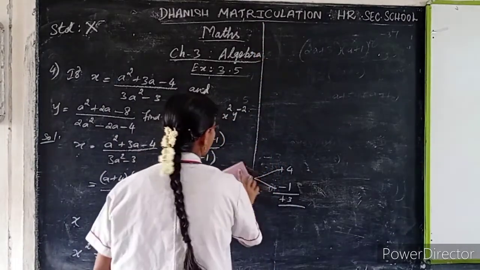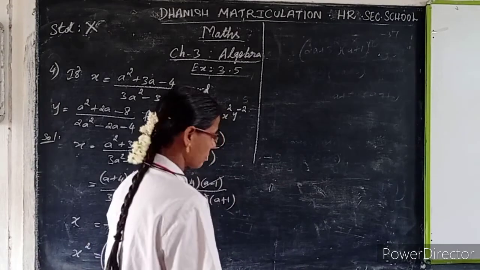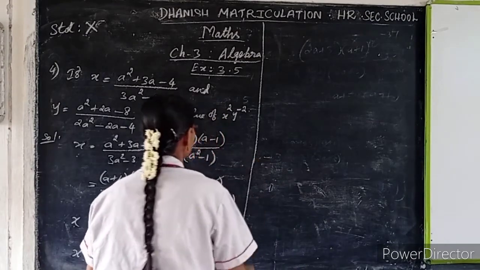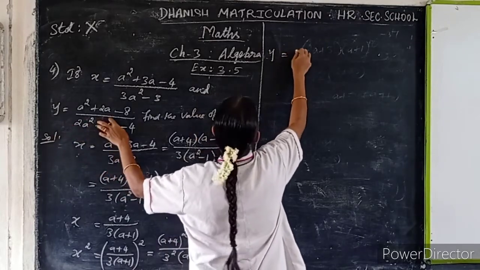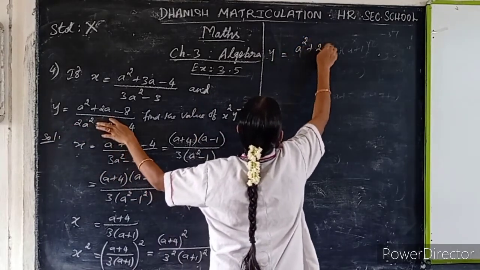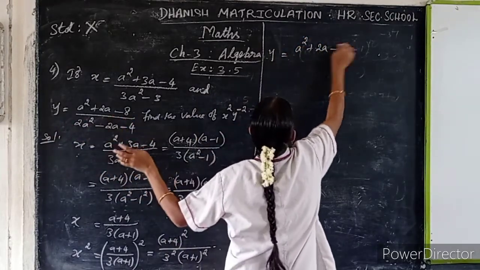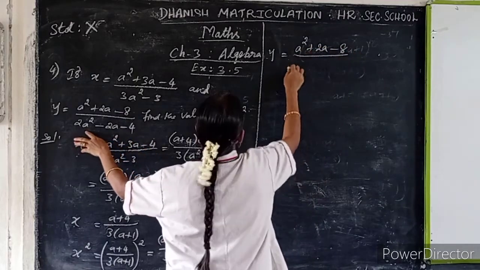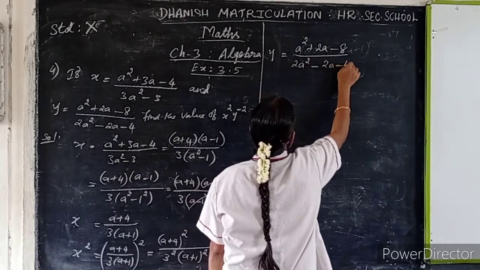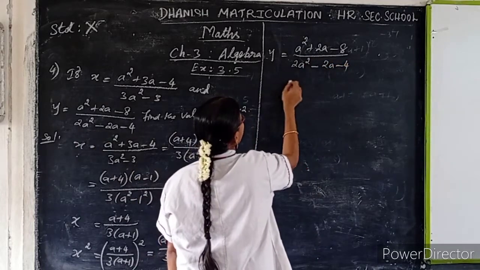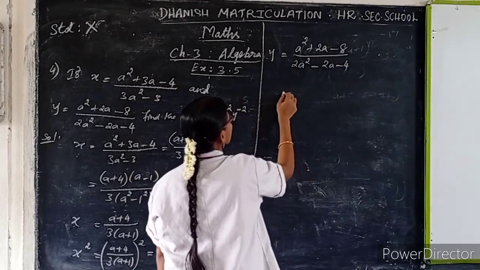Now simplify y. y is (a² + 2a - 8) divided by (2a² - 2a - 4). In the denominator 2 is common.